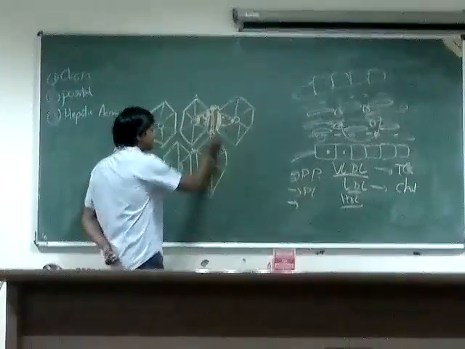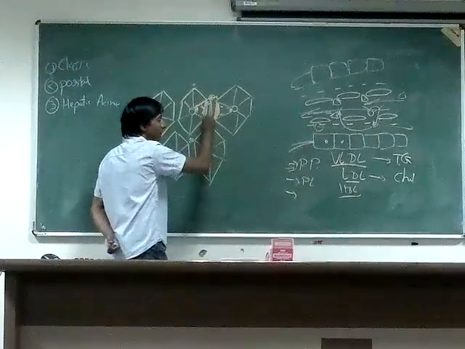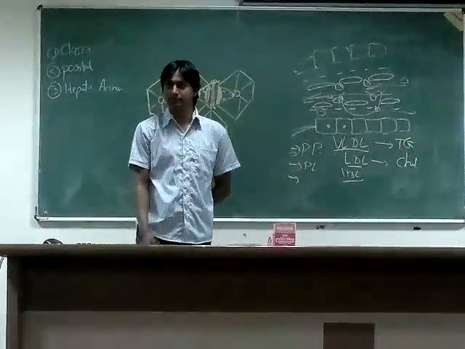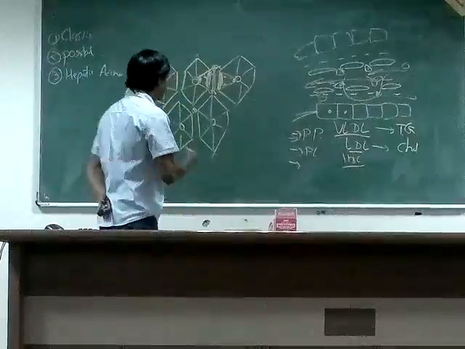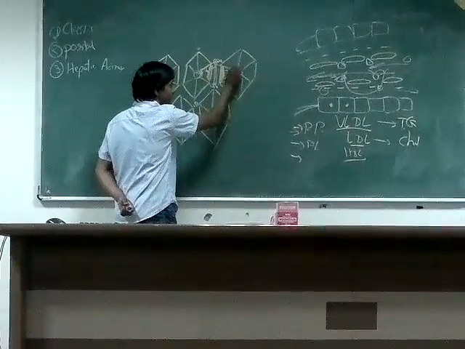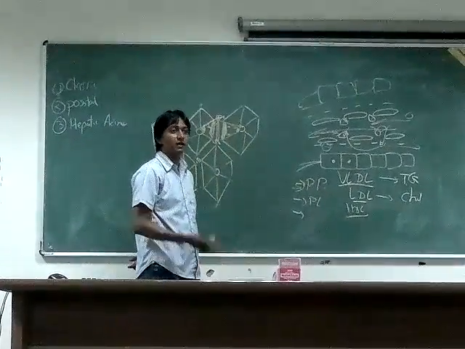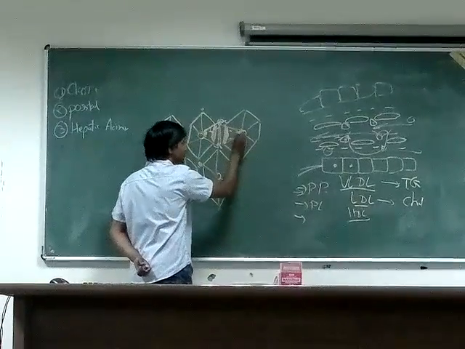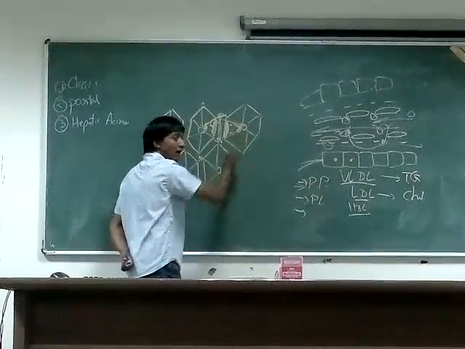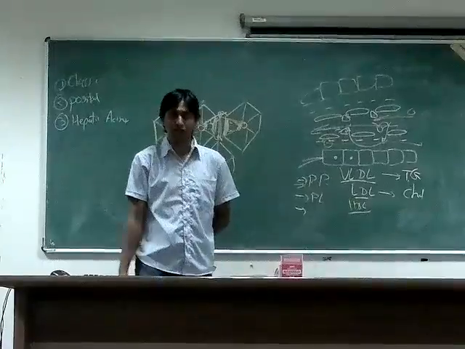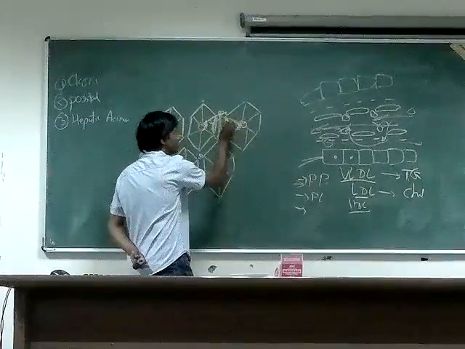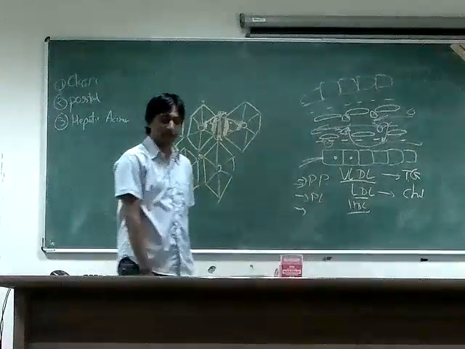So these are the hepatocytes which get the maximum amount of oxygen. But as you go from the periphery to the center, the oxygen content is reduced, and these cells get less oxygenation as compared to those hepatocytes.